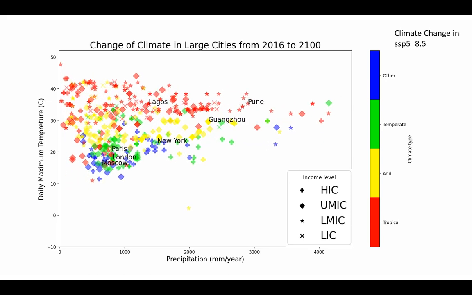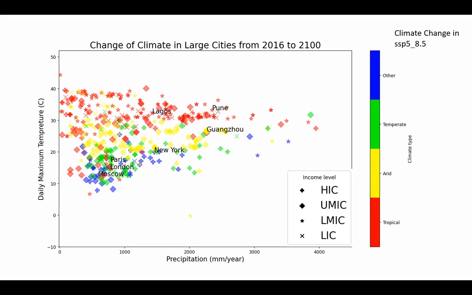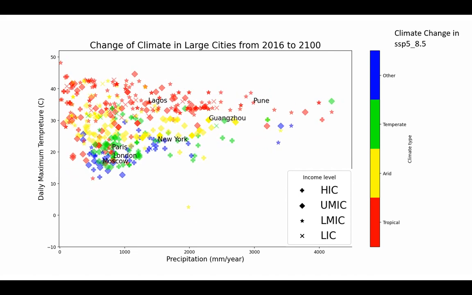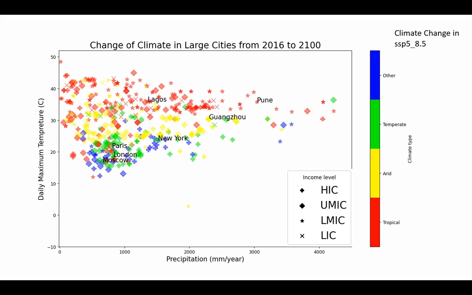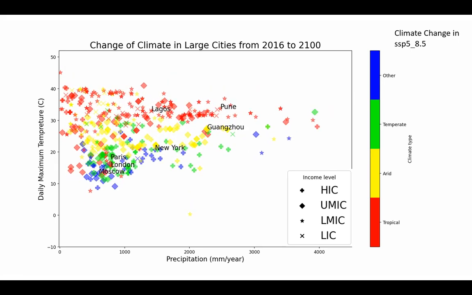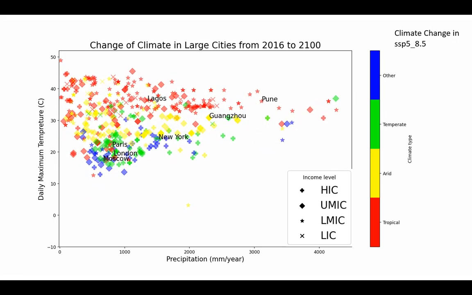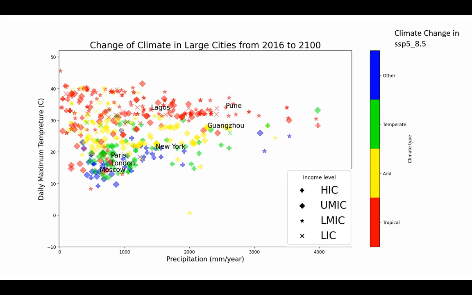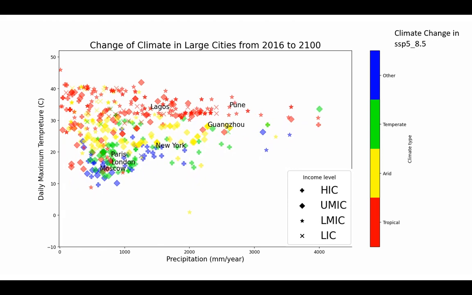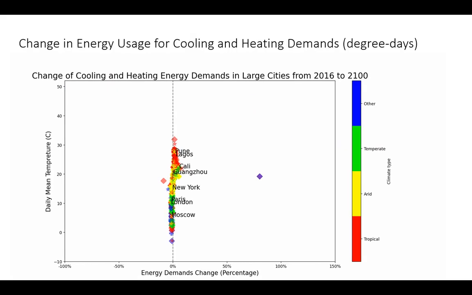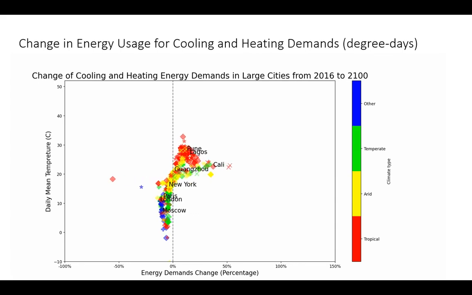We can see the daily maximum temperature is going higher for almost all the cities, and some of them are experiencing a rapid rise in precipitation, but some of them have smaller precipitation, which leads to different types of urban risks.